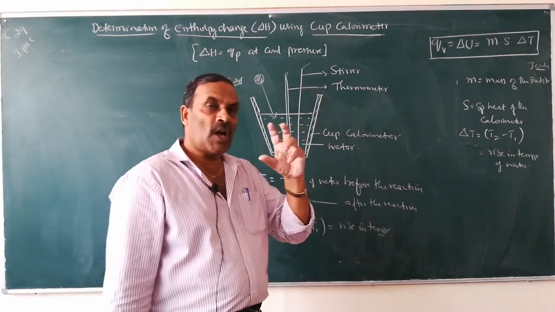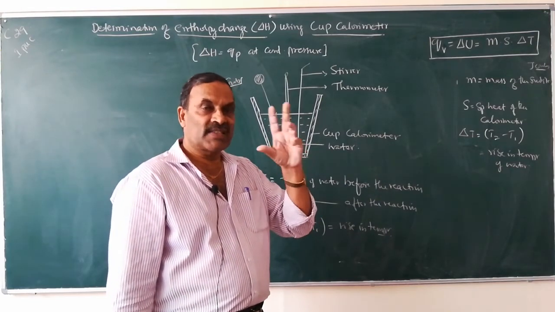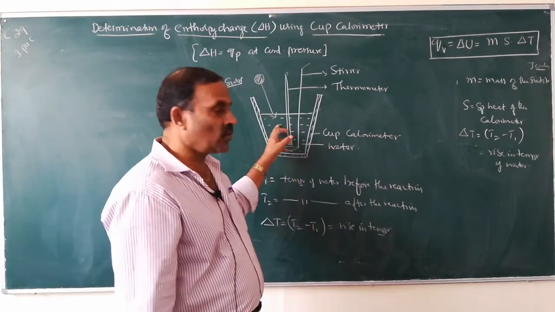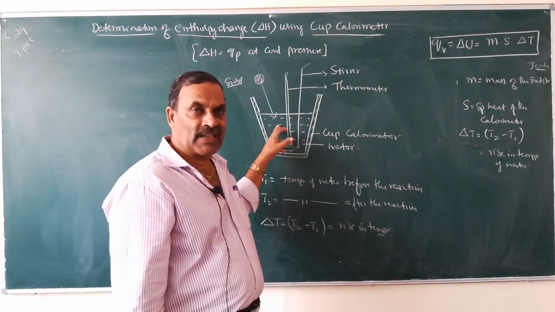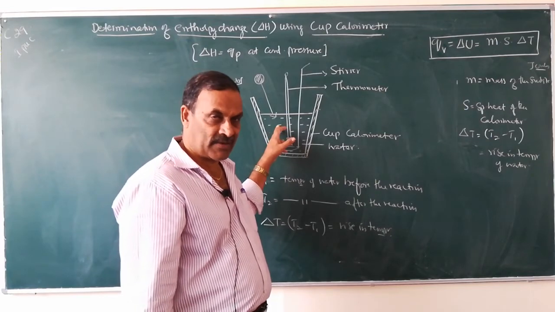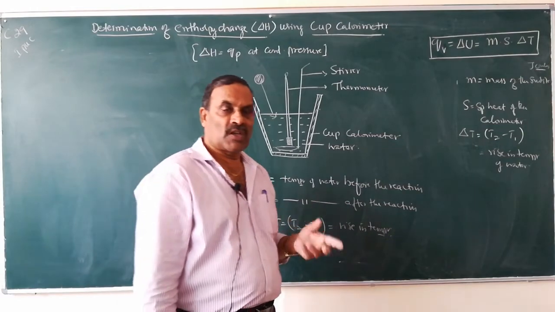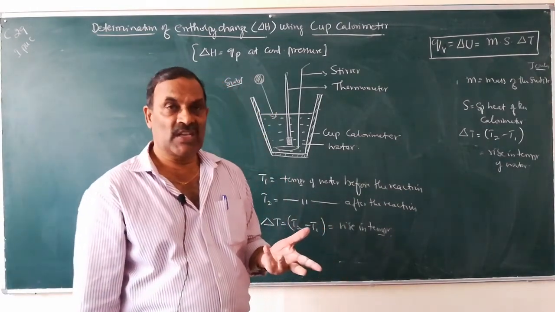Now a substance of known mass m is added into water taken in a cup calorimeter which is kept open in air. The substance reacts with water with the liberation of heat.